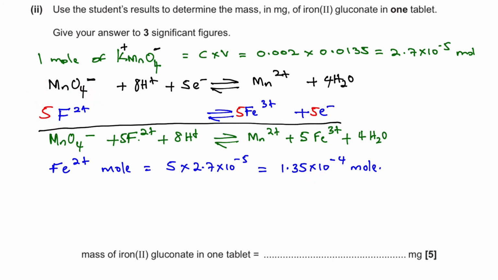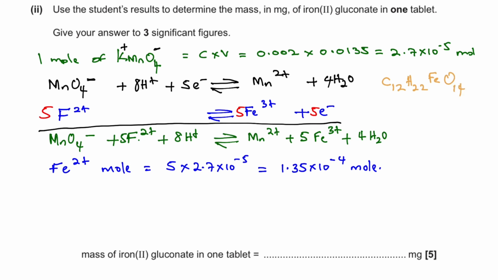All right, so now we know the mole of iron, but in the tablet we've only got 1 iron in the formula. So if you write down the formula for the tablet, it is C12H22FeO14, with Fe only 1 and oxygen 14.